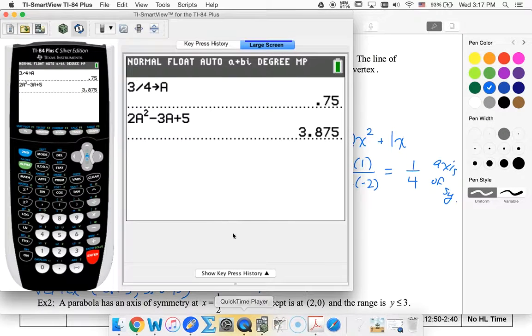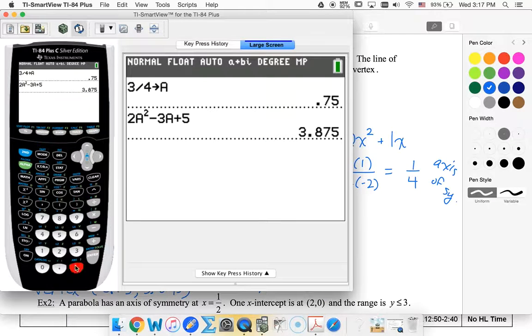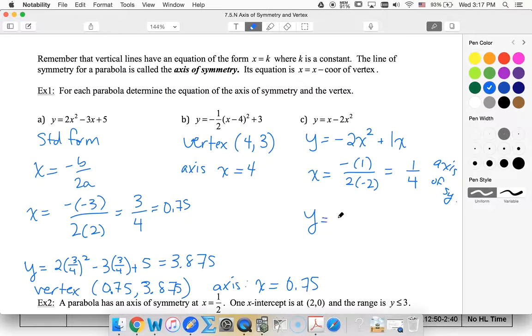So I'm going to come back, and now I've got negative 2 times x squared, so negative 2 times 0.25, that's the same as 1/4 squared, plus x, and I get 1.25.